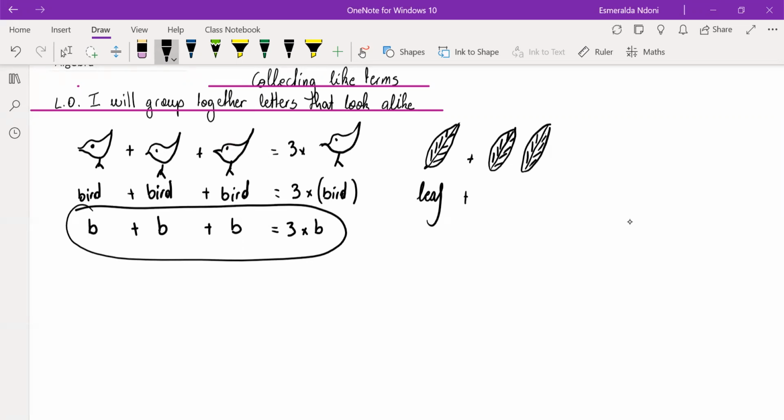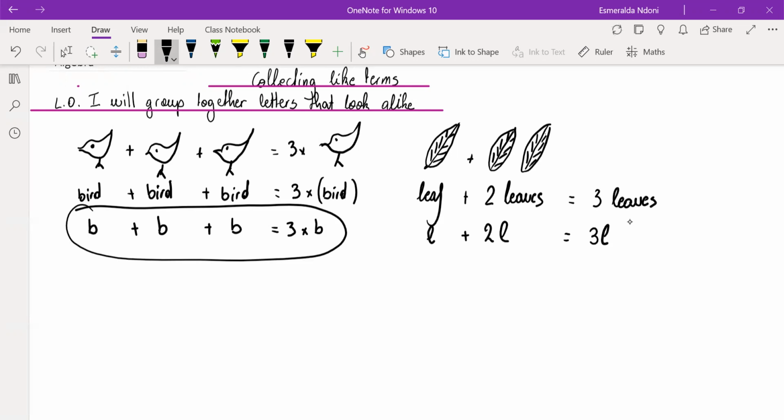I have a leaf plus another two leaves, and I end up with three leaves, as you can see from the photos. But look how much easier it is if I got an L for leaf plus another two L's. It gives me still three L's.